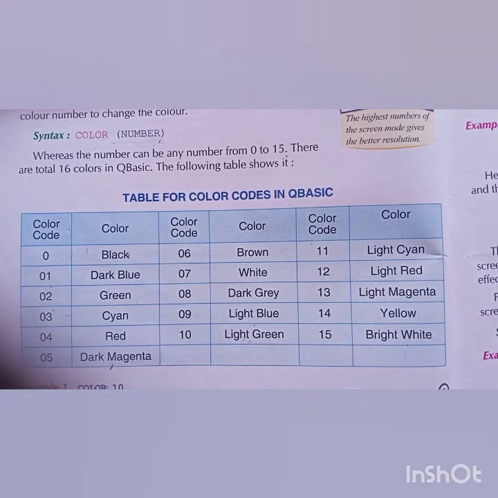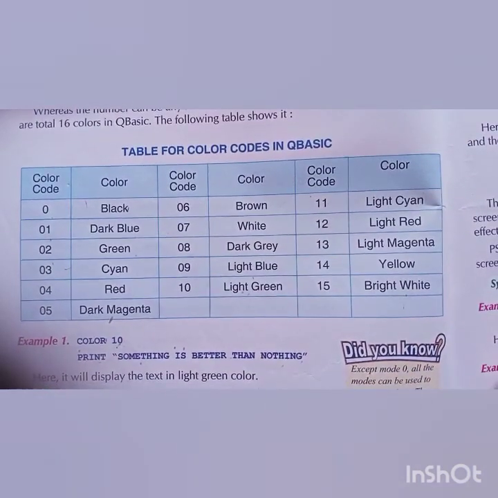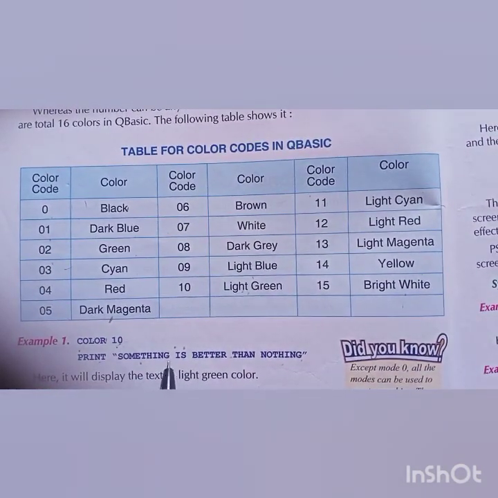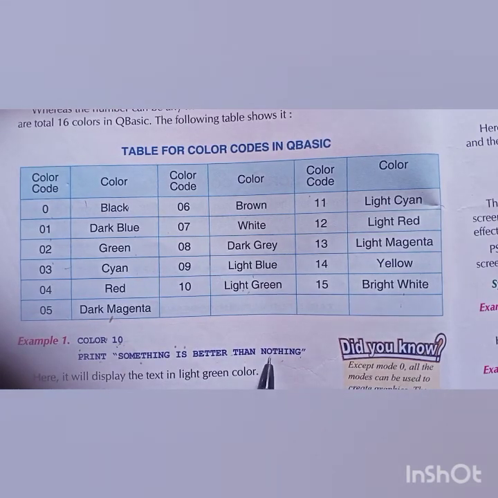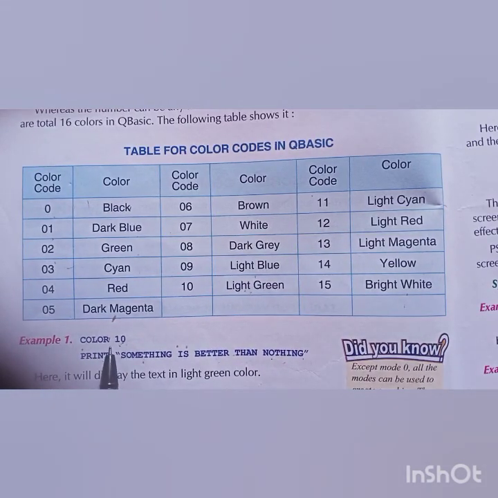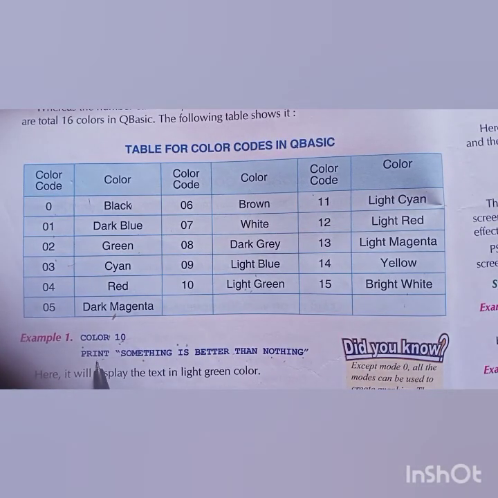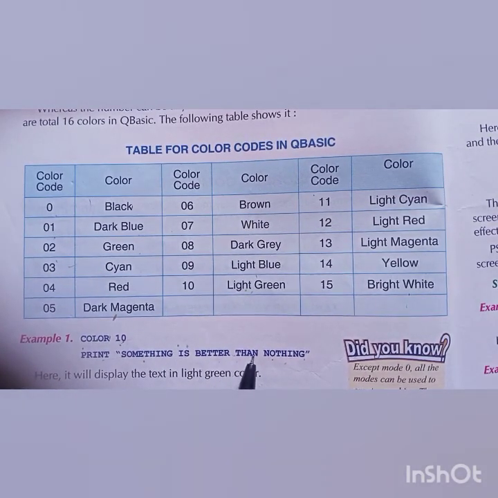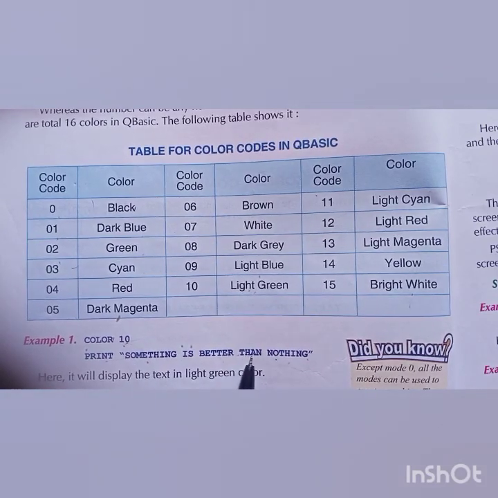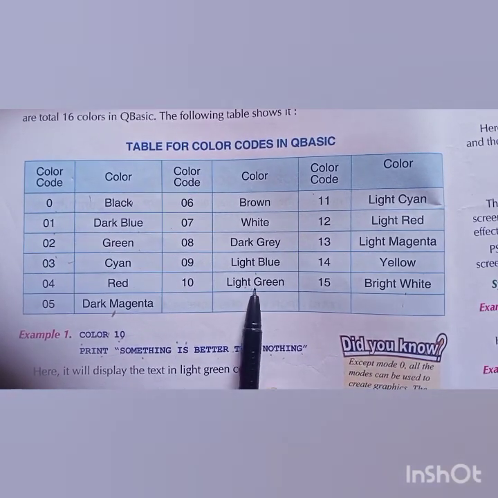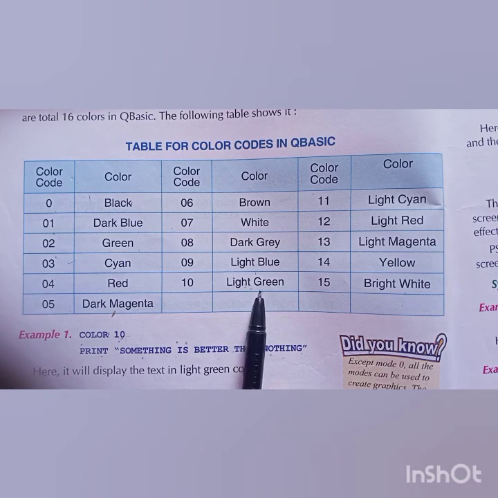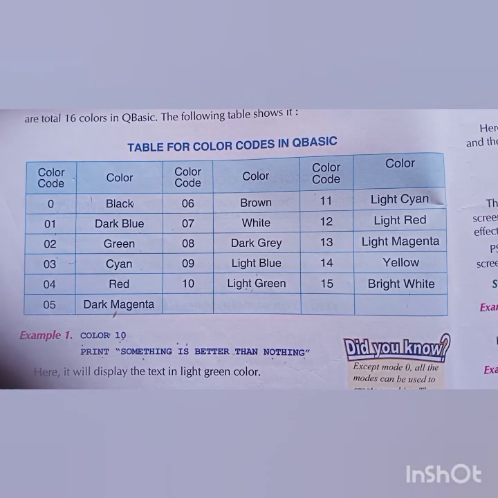How to write it? You will write it somewhat like this, as given in the example: color 10, print something is better than nothing. Here we wrote color 10, and color 10 means light green. So when you write this command, the text "something is better than nothing" will appear on the screen in light green. This way we can make use of foreground color.